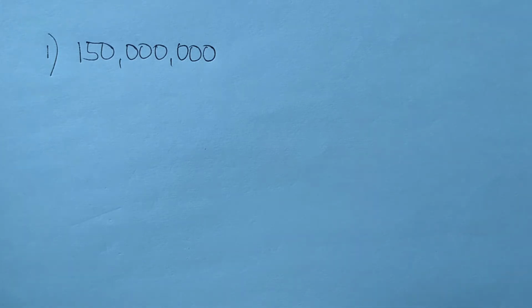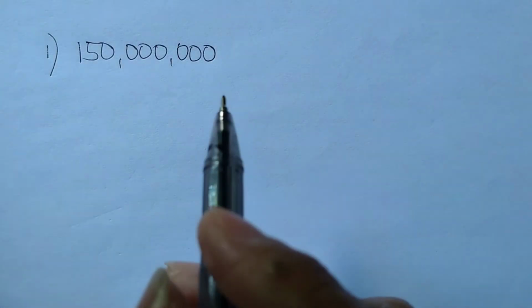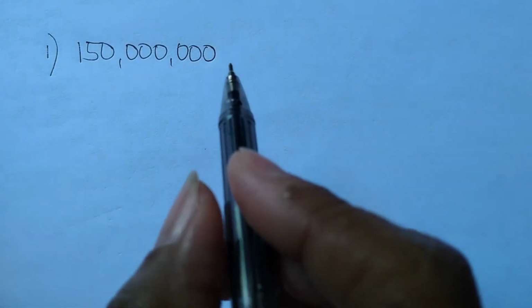So that's actually a very large number. How are we going to change this into scientific notation? First, we have to identify the location of our decimal point.